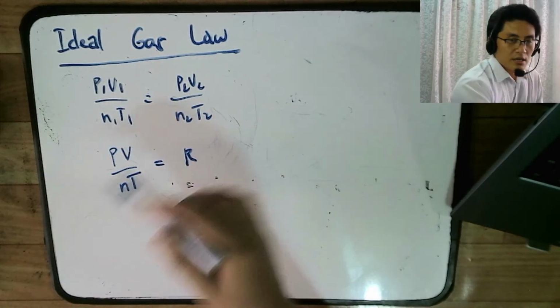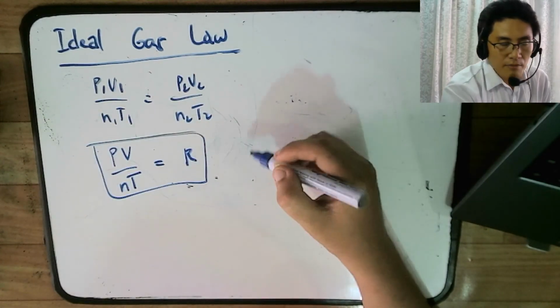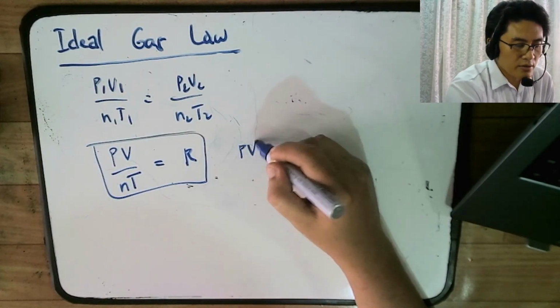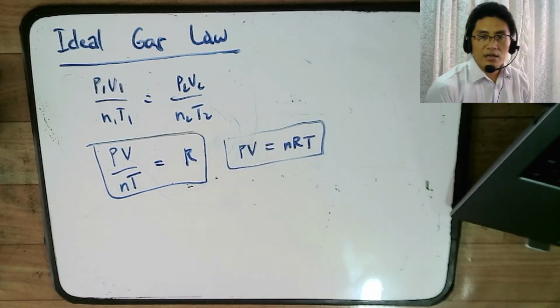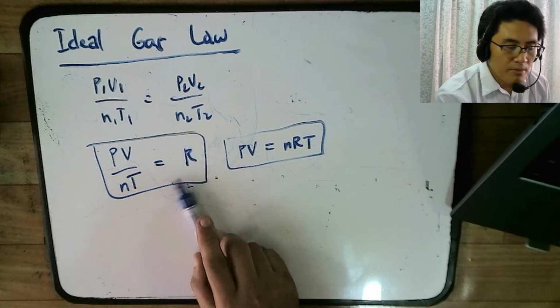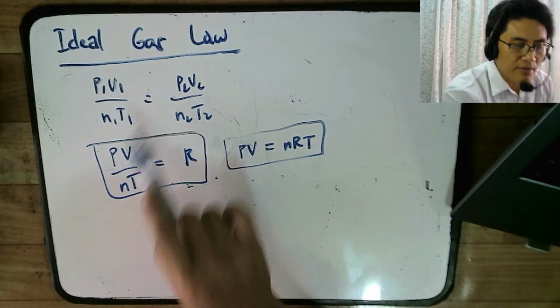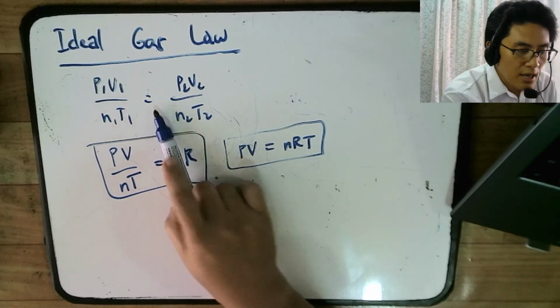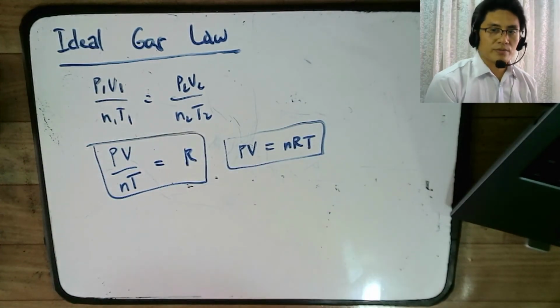So this is the most common variation, and in some books they would even do it as PV equals nRT because it's kind of easy to remember like that. But I really like this idea because if you have this, it's easy to remember that this came from that, and it's easy to tie up with the other values.